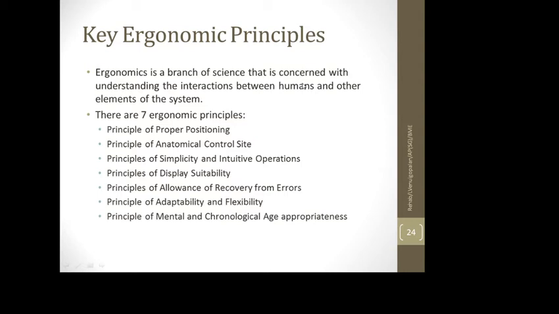There are basically 7 ergonomic principles: principle of proper positioning, principle of anatomical control site, principle of simplicity and intuitive operations, principle of display suitability, principle of allowance of recovery from errors, principle of adaptability and flexibility, and finally, principle of mental and chronological age appropriateness. So let us see each one of these in detail now.